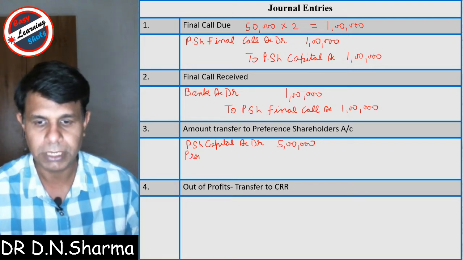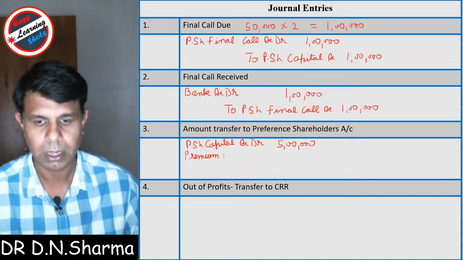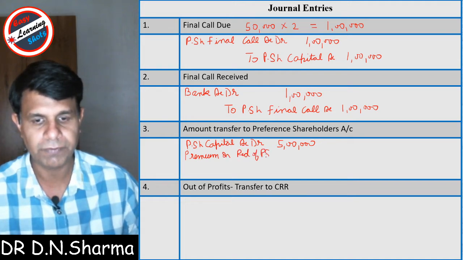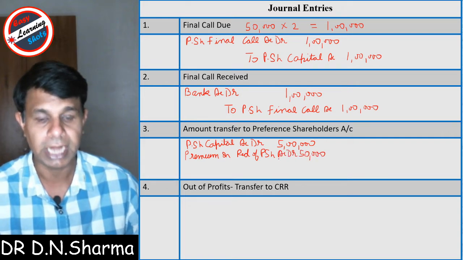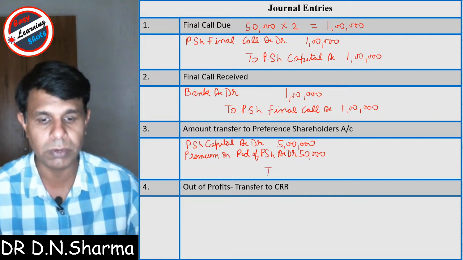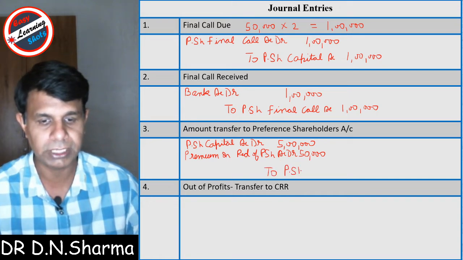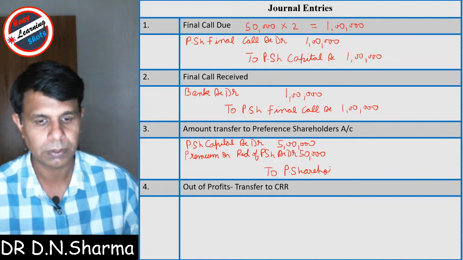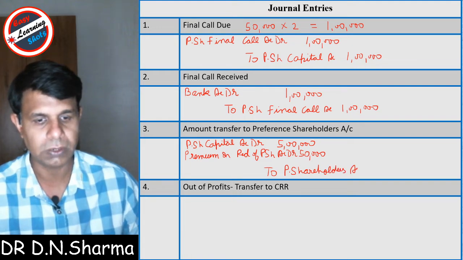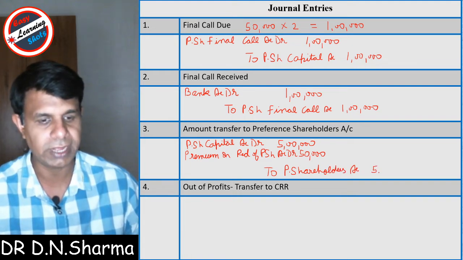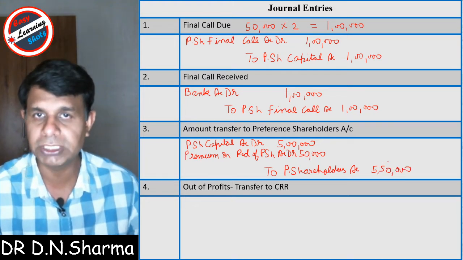So premium on redemption of preference share account debit, and the amount is 50,000, and the whole amount is transferred to a new account which is known as preference shareholders account, that is 5,50,000. Now we transfer the amount to the preference shareholders.